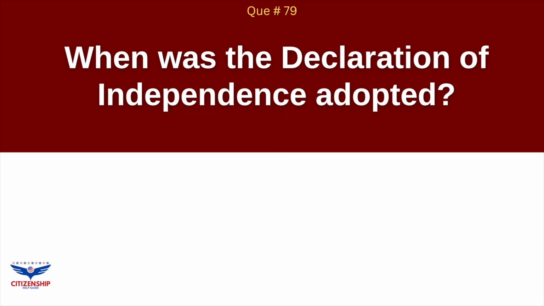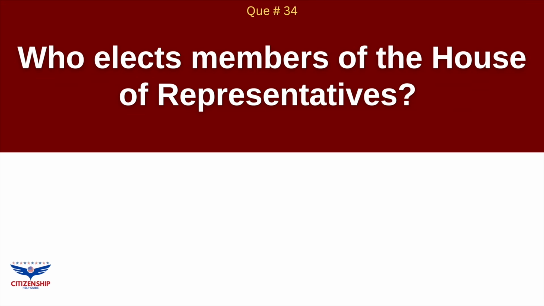When was the Declaration of Independence adopted? July 4, 1776. Who elects members of the House of Representatives?